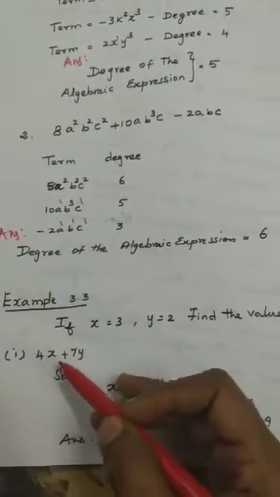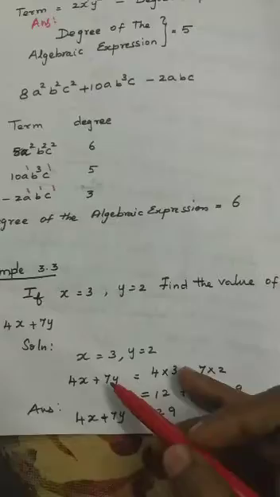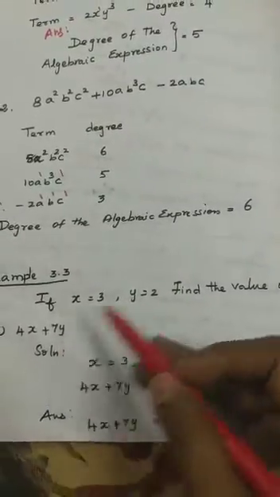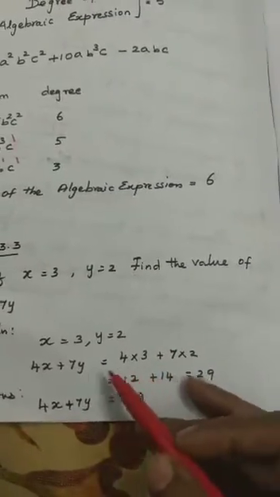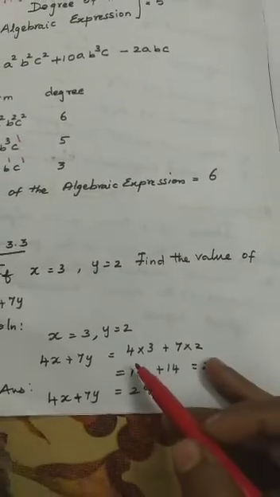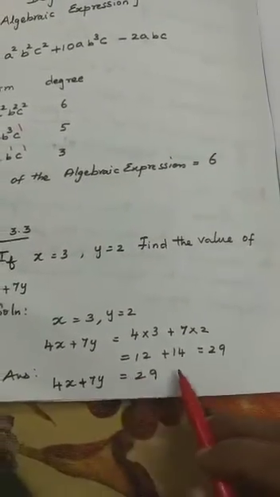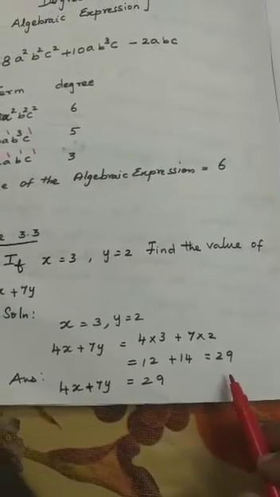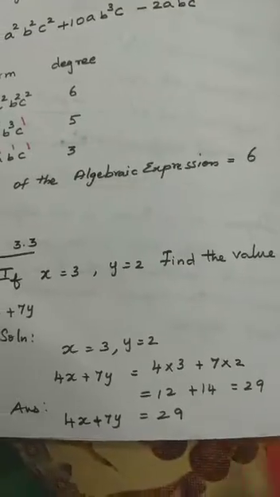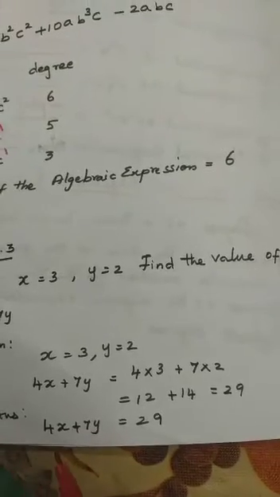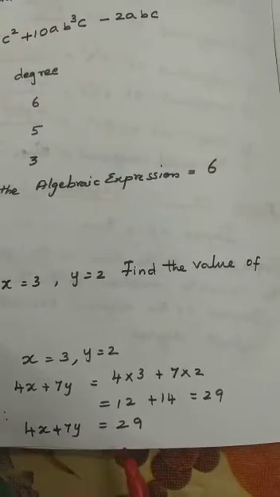Instead of x we are substituting 3, instead of y you have to substitute 2. Here 4x plus 7y is equal to 4 into 3 plus 7 into 2. It is 12 plus 14, which is equal to 29 (sic).